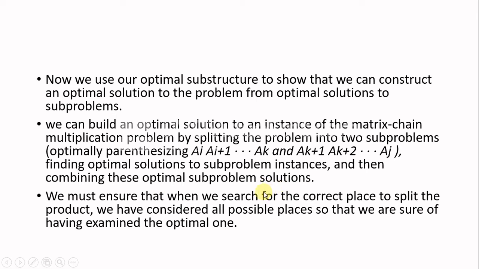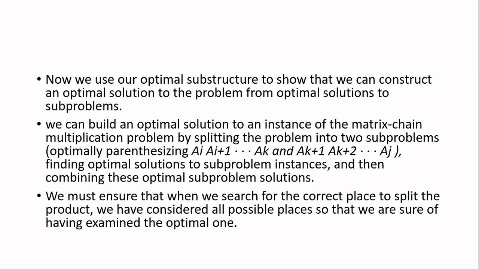Then we must ensure that when we search for the correct place to split the product, that is important. That's how we know that this one is the optimal solution. We ensure that we have considered all possible places so that we are sure of having examined the optimal one. What is meant by that? When we choose one place to split this sequence, we should have considered all possibilities and we choose the optimal value.